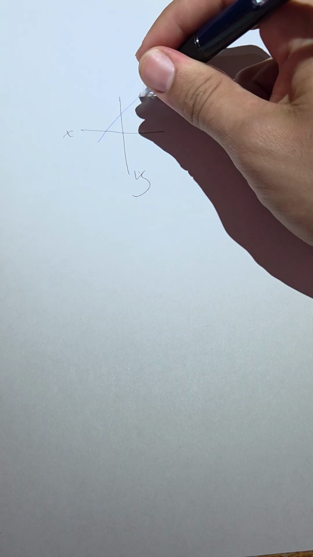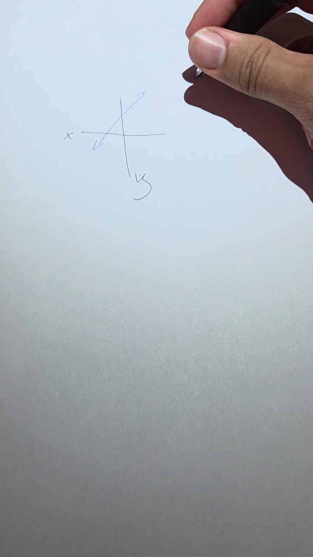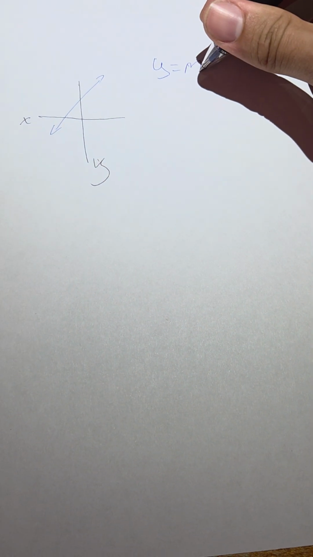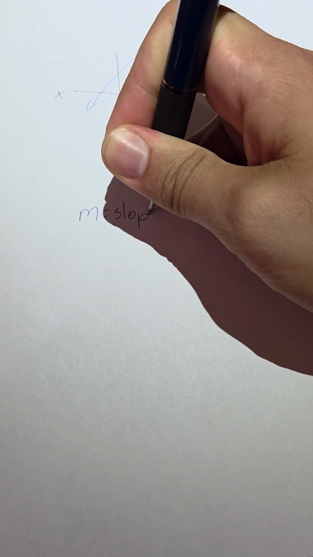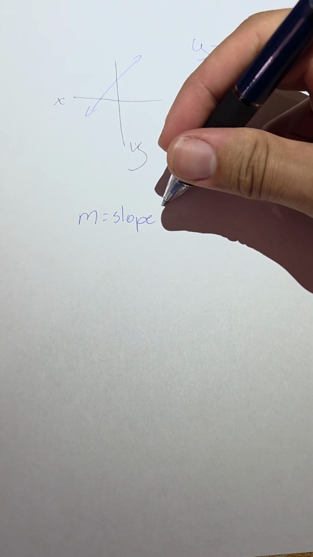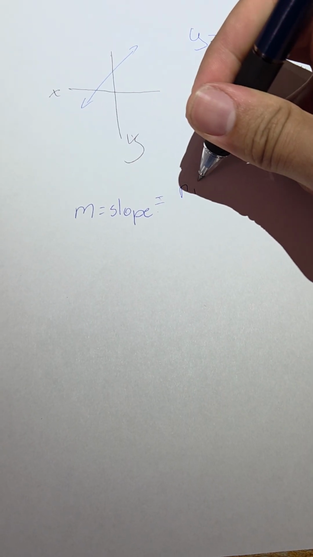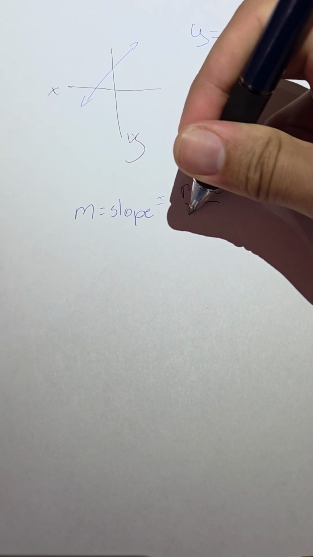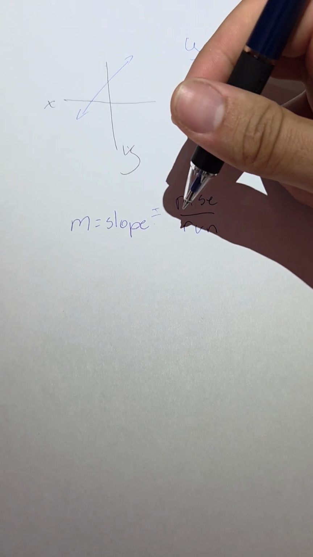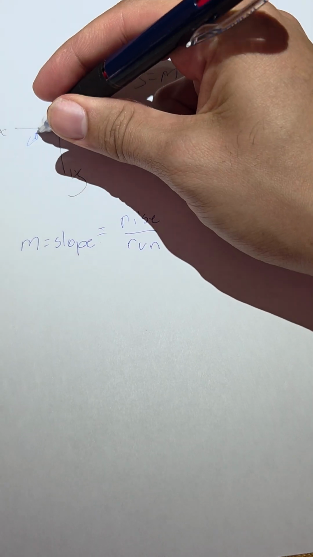Let's say our line goes like this. Our line is going to end up equaling y equals mx plus b. M is going to be the slope, which means it's the rise over the run. You just need 2 points to solve for m.